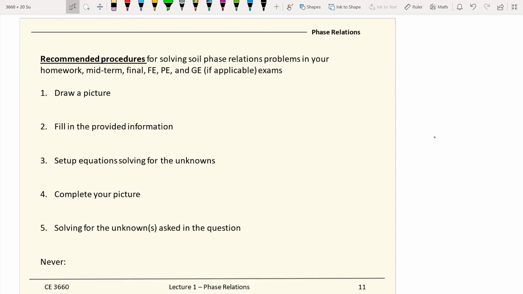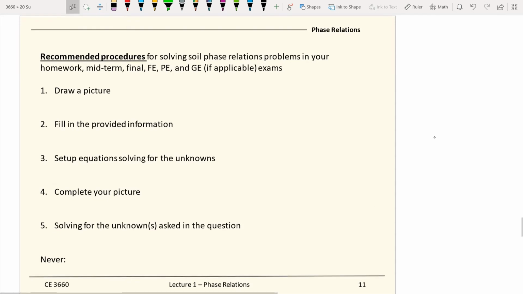Could be saturation, could be unit weight, could be dry unit weight. That's not the way to go. But instead, we should put the effort into understanding how to set up the problems. And hopefully, on this slide, the procedure we have here will set up a good guideline. So the very first step when you see a phase problem in geotechnical engineering: draw a picture.